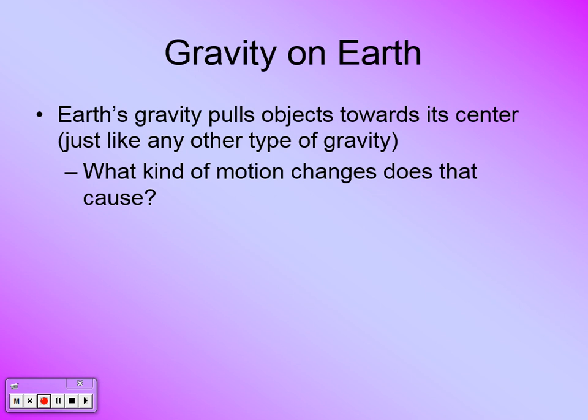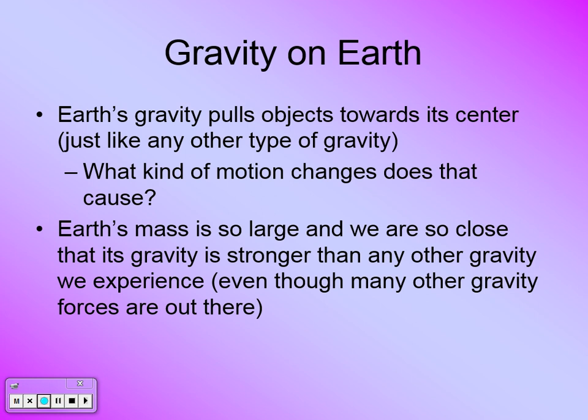Speed up, slow down, or change direction. That's what force does. Force causes acceleration. It can cause things to slow down, change directions, speed back up. Gravity does that just the same way any other force does. It can cause things to speed up, or slow down, or change directions.